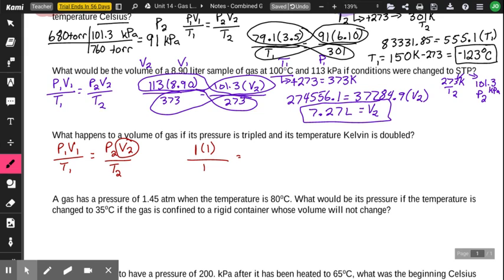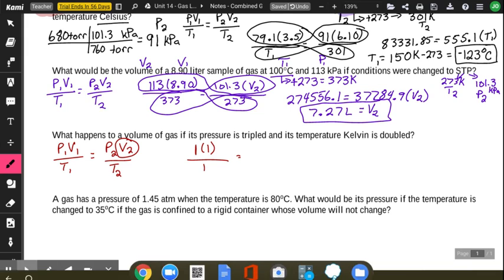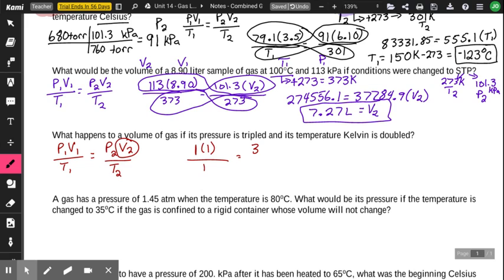Your pressure was tripled, so 3 times 1 is 3. Your volume is what we're solving for, so volume 2. And your temperature was doubled. So 2 times 1 is 2. Okay, and then we just solve it like we would any other problem. So cross multiply.